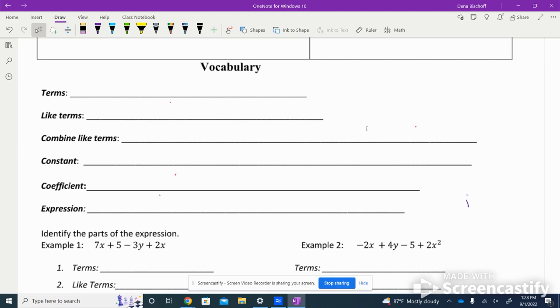Daniela? Yeah, it's the number attached to the variable. The coefficient is the number attached to the variable.